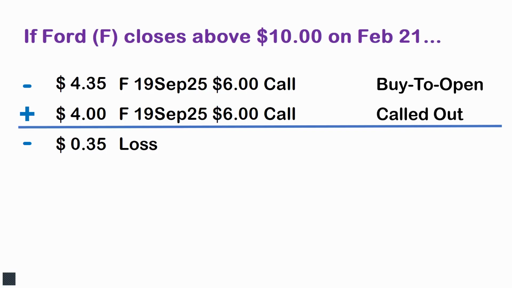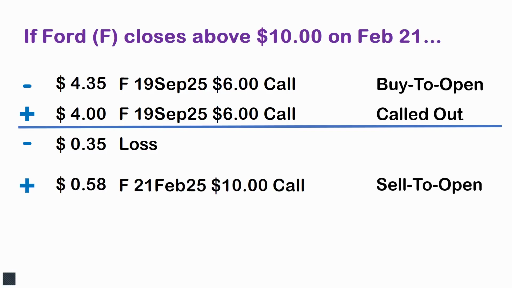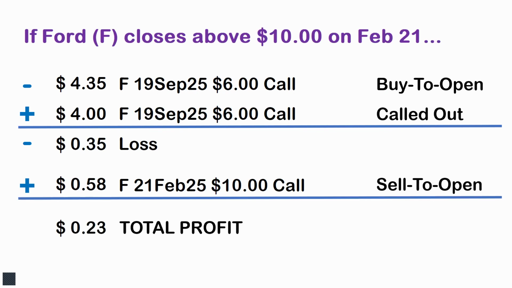But don't forget, we collected 58 cents up front. So in reality, we were walking away with 23 cents per share profit, which on an initial investment of only $4.35, that's 6.1% ROI for holding this position for less than 22 days.